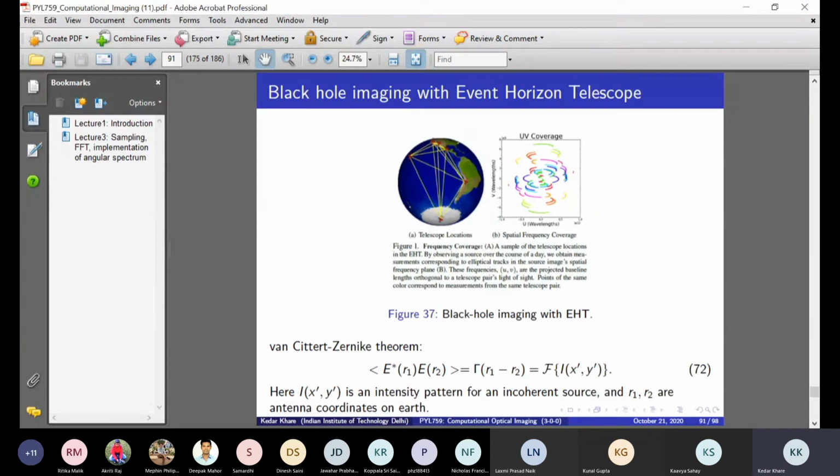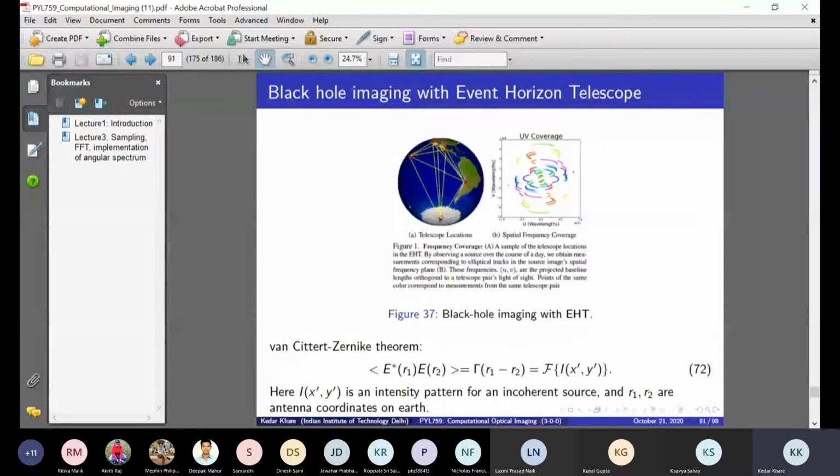So let us see how the Event Horizon Telescope even works. What you have is these antennas that are located at different places on Earth, in different continents. In fact, are you familiar with the NCRA facility in Pune, the National Centre for Radio Astronomy, NCRA TIFR?